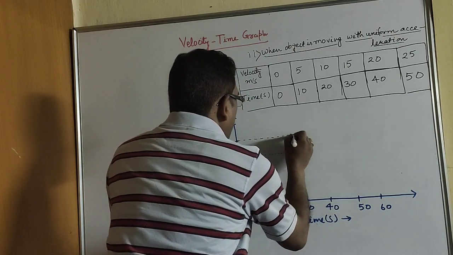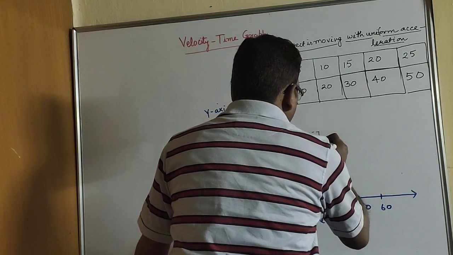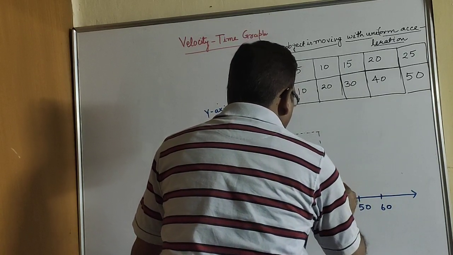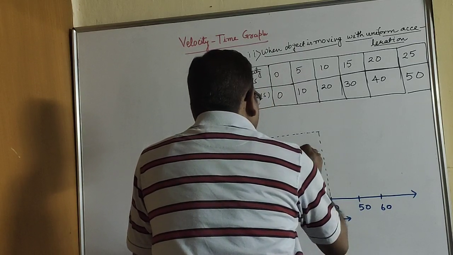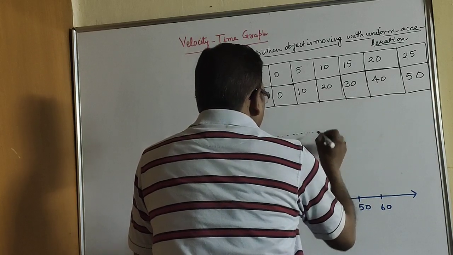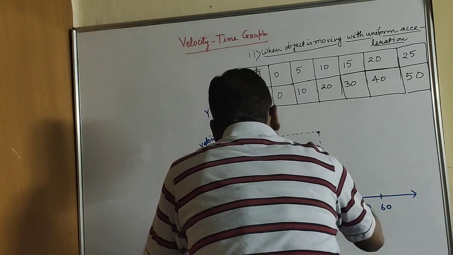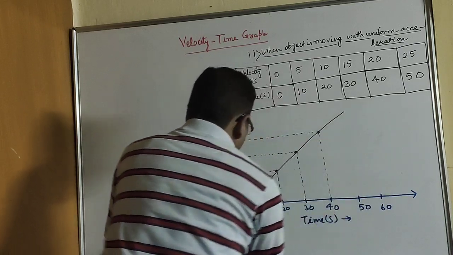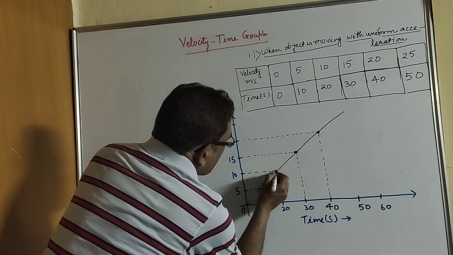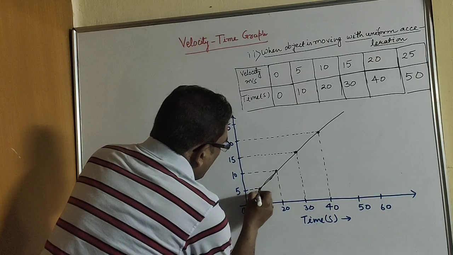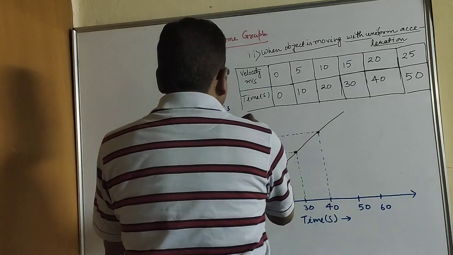When time is 40, velocity is 20 like this. So you will get the points like this, and if you will join these points, if you will draw it with a scale, you will get a straight line graph, isn't it?